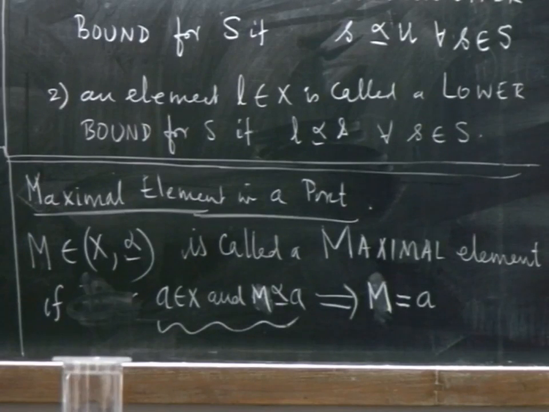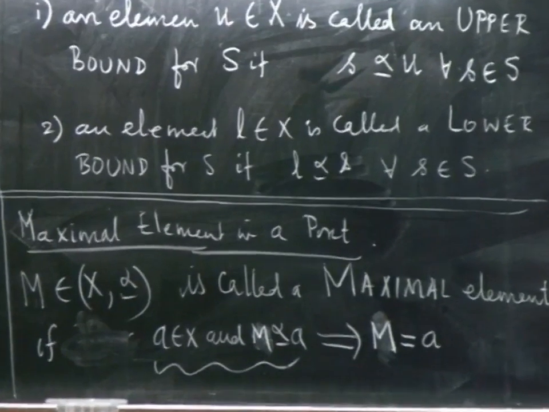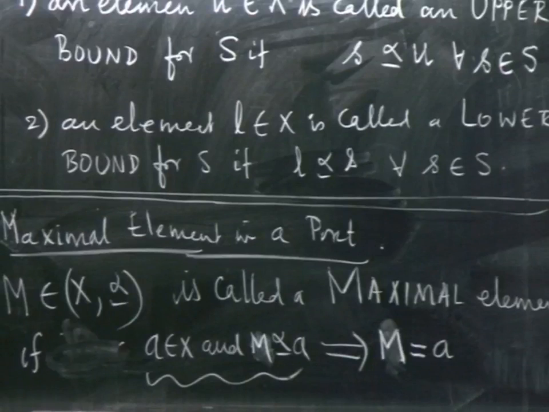Okay. It does not say that a is smaller than M for every a. No, it does not say it is a maximum. It only says it is a maximal element. Nobody can exceed him, it does not mean he exceeds everybody.